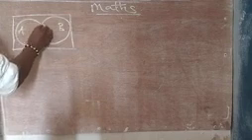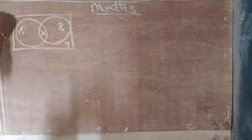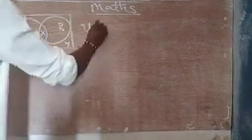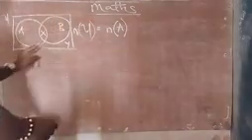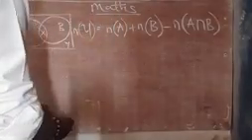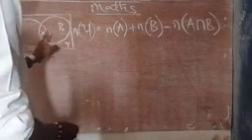Let's call this set A, this set B, and let's call this set X and set Y. The number of elements in the universal set, n(U), is given by the number of elements in A, the whole of A, not A only, including the X part, plus the number of elements in set B, everything in B including the X part, minus, remember, it's not plus, minus the number of elements in A intersect B. That is, we are removing this portion.